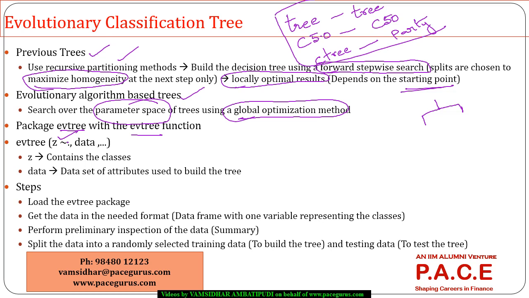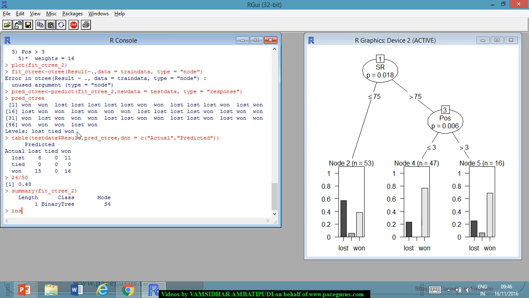Here also I have to give the classes, the groups, the classification variable, and the data, all those that are going to influence that classification. So first let me install the package evtree, and we'll see what this evtree function is going to do in the process. Install.packages, I'll say evtree.